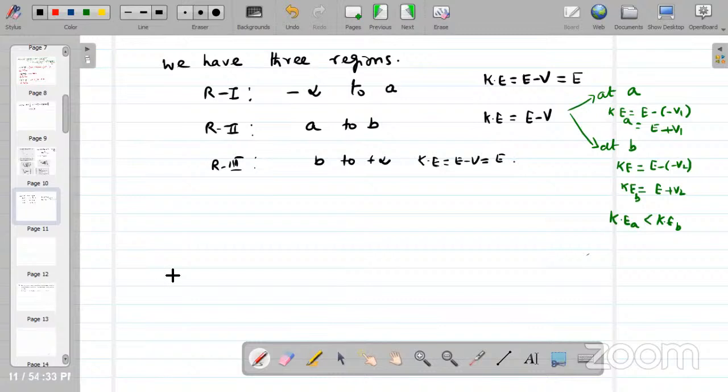So now we conclude that in region 1, the kinetic energy is constant.